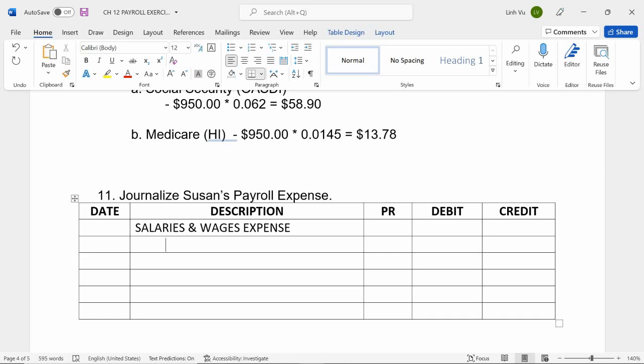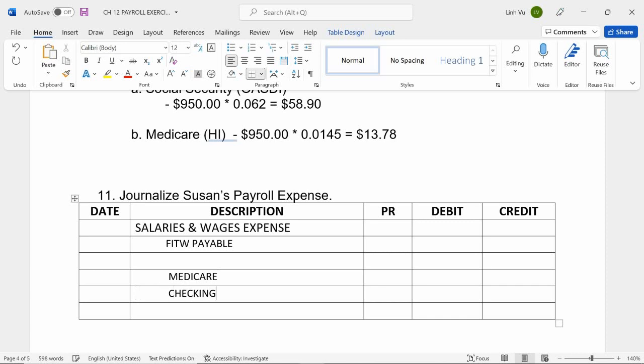What are the taxes that she has to pay? Income tax, so federal income tax withholdings. What else? Medicare. And what else? You're missing one.